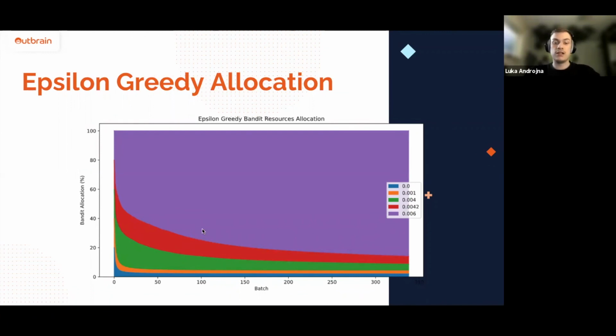It performs really badly, and you can see that it persists being explored for the longevity of the test. That is something that we want to avoid. Also, in the first batches, as you can see, other bandits that aren't as good as the best one get exploited quite a bit.